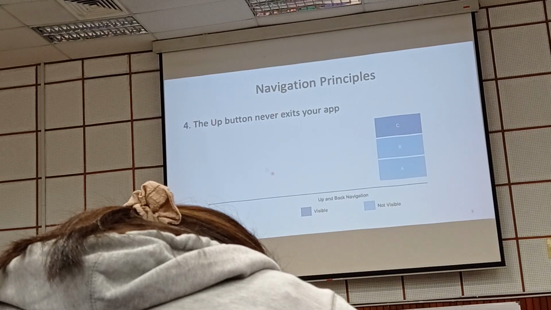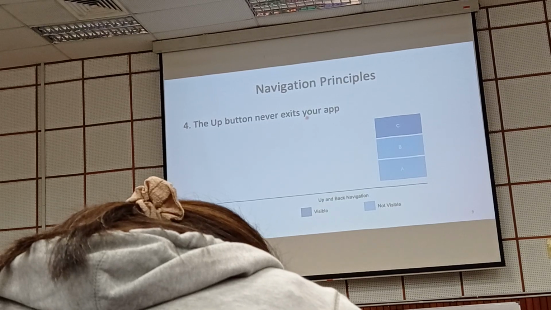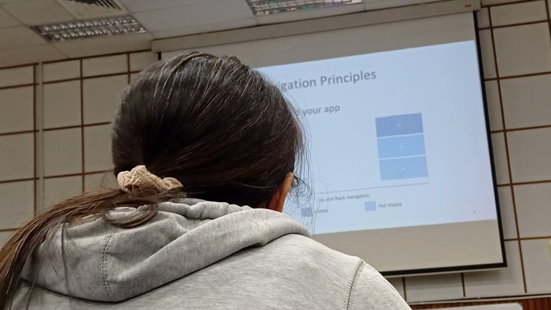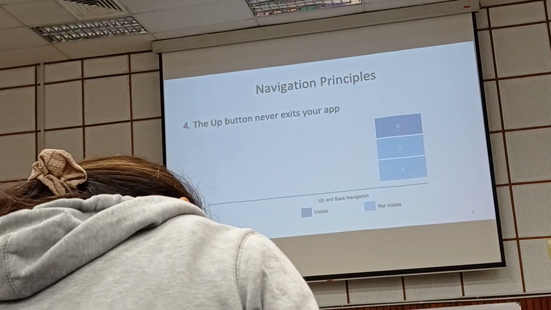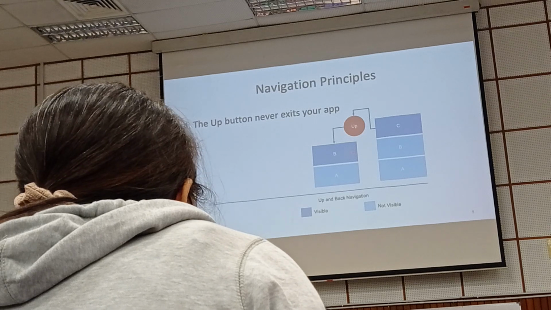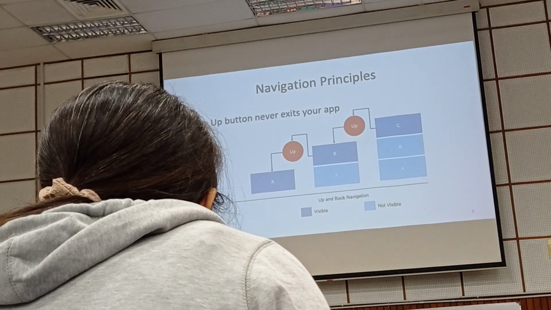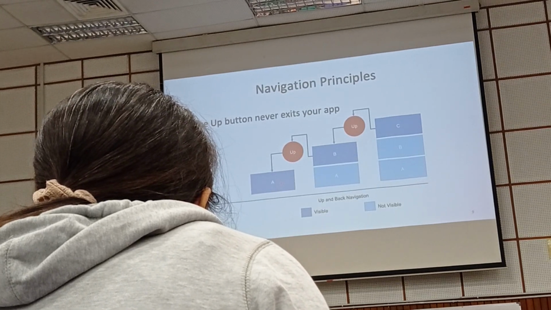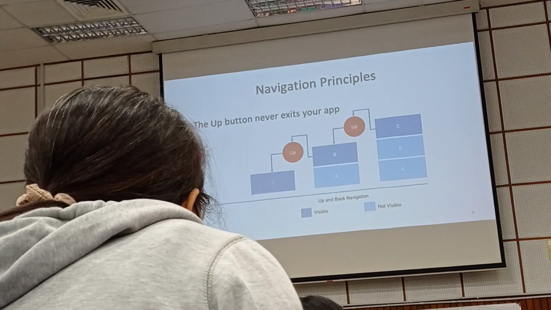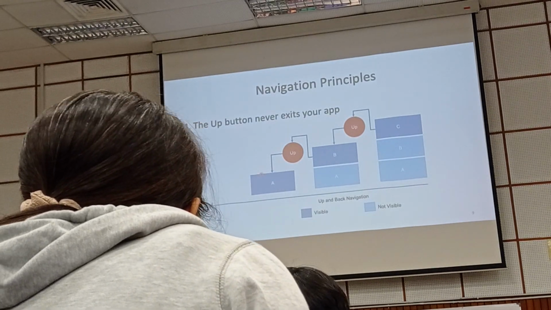So number 4, the up button never exits the app. Now the up button. So here, when you look at C, you press the up button, it brings you to B. You press up button again, it brings you to A. And then, as I mentioned earlier, when you look at A, the up button should no longer exist.